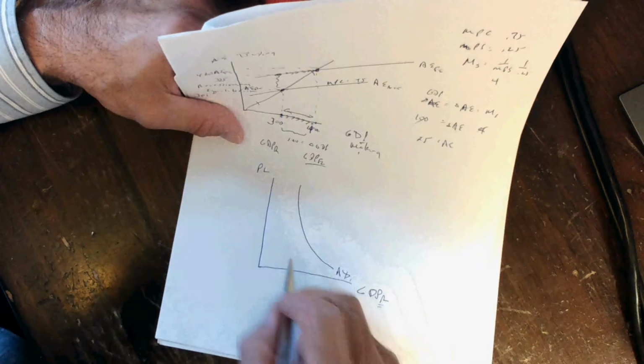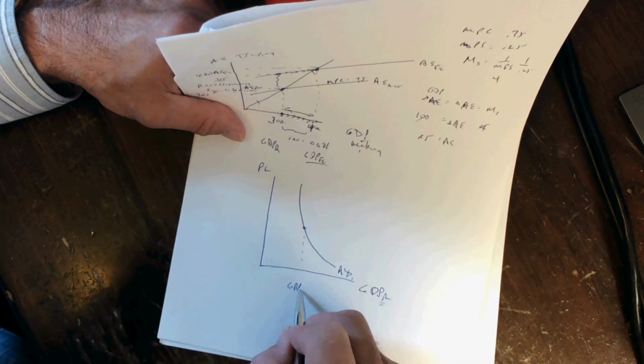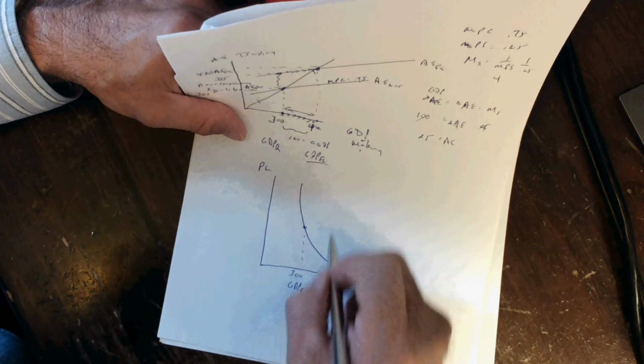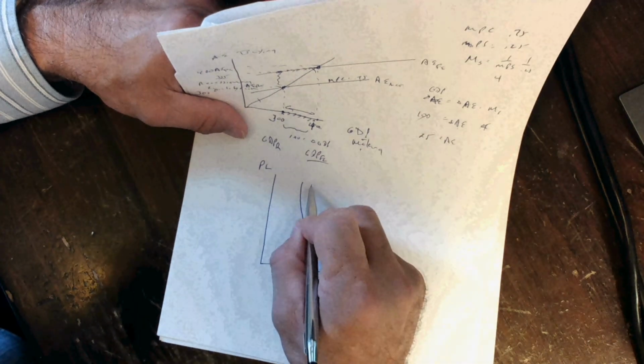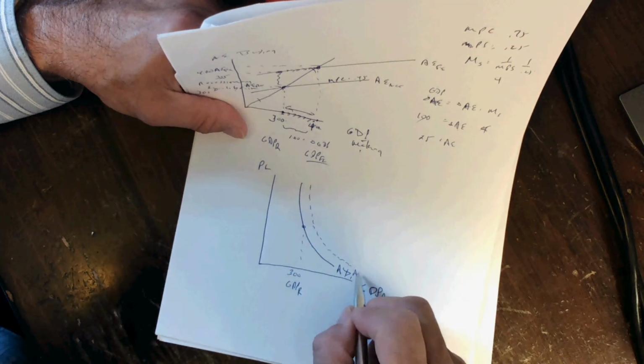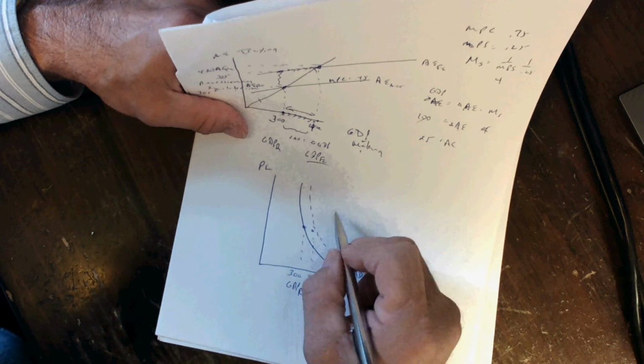If this same change happens, and this is our current equilibrium, 300, a change in government spending of 25 will move the aggregate demand curve this way, to 325. The invisible hand takes over.